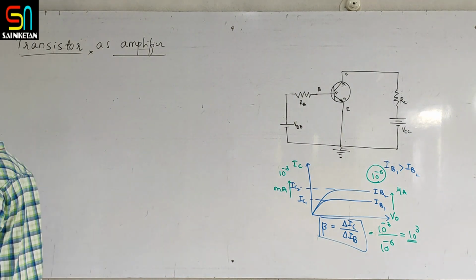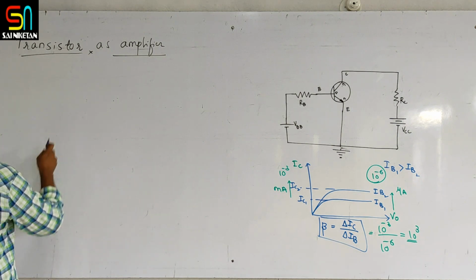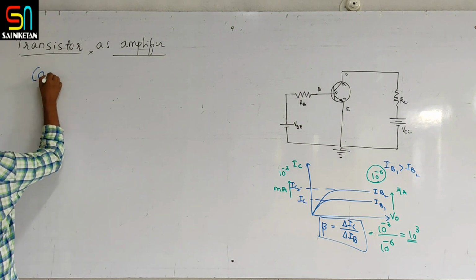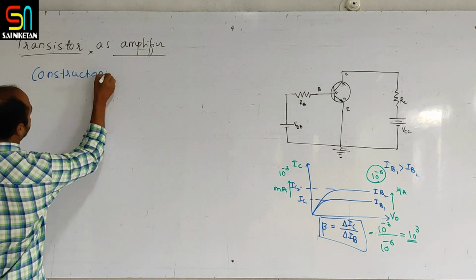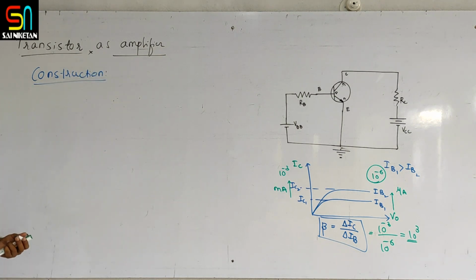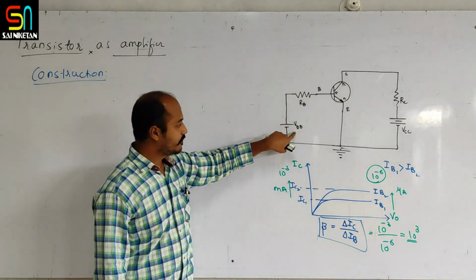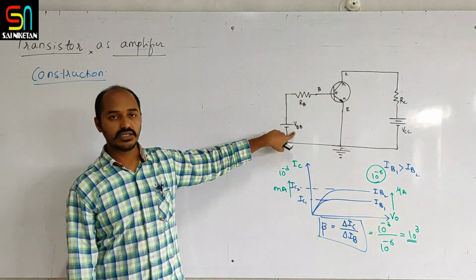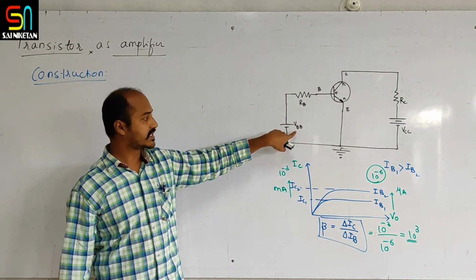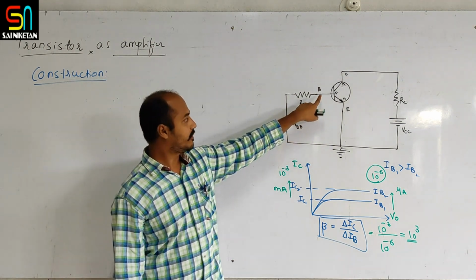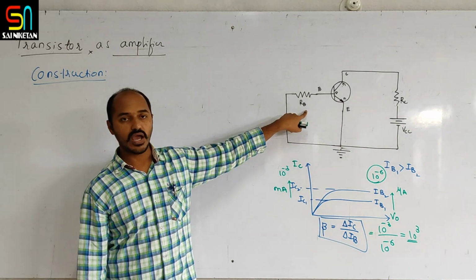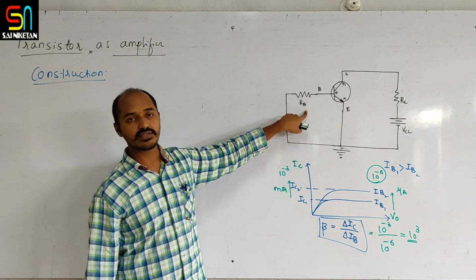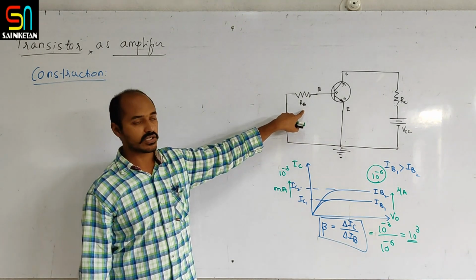Regarding construction, the construction part is very simple. Here the VBB battery, the VBB EMF, is connected to the base emitter junction in forward bias through an input resistor, that is RB, or you can say the base resistor.